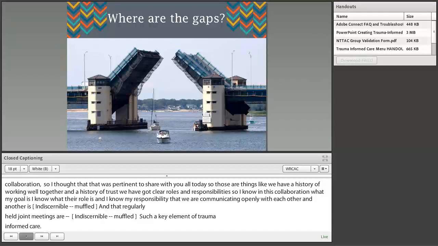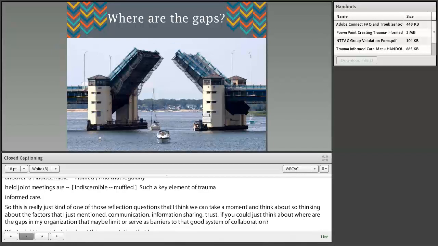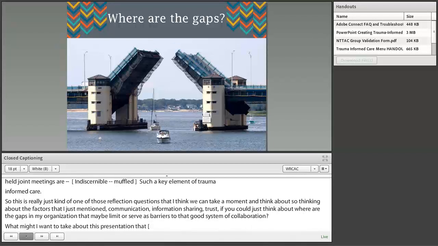We know system collaboration is such an important part of trauma-informed care, and we know some of the variables that lead to success. What might be some of the barriers that are preventing that successful collaboration? And I invite you guys to just think about that, or if you're so called to do, to write that down on a piece of paper so that you can reflect on that later as well.